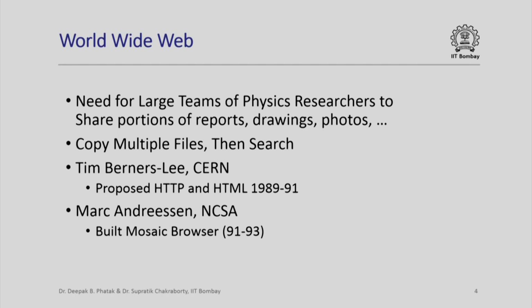Incidentally, all these details were available in computer readable format, but they were all independent digitized drawings, independent reports, independent photographs and so on, and the only mechanism available for researchers was copy multiple files, then search within those files, and it used to be a very time consuming affair.